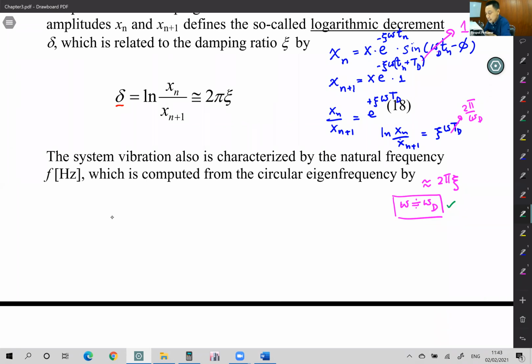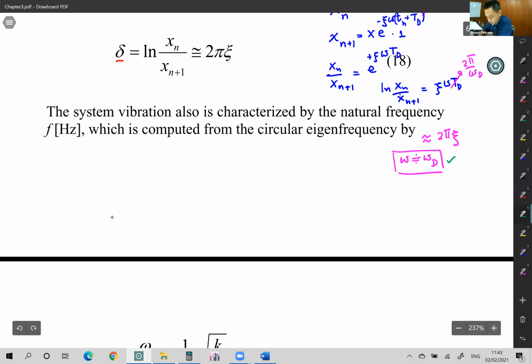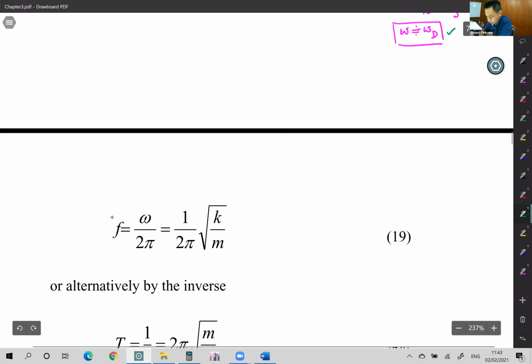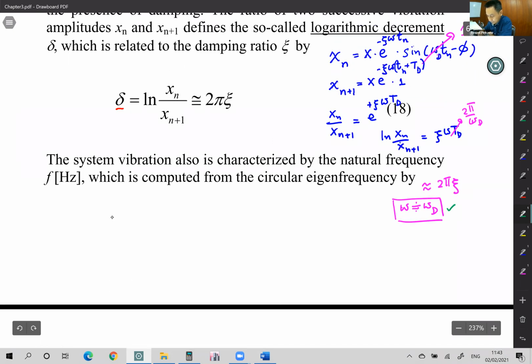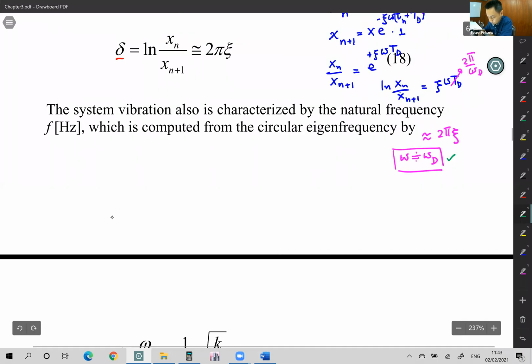That's why in many situations you can assume omega and omega d are the same number, and that will simplify your computations, as in equation number 18 for the logarithmic decrement delta.